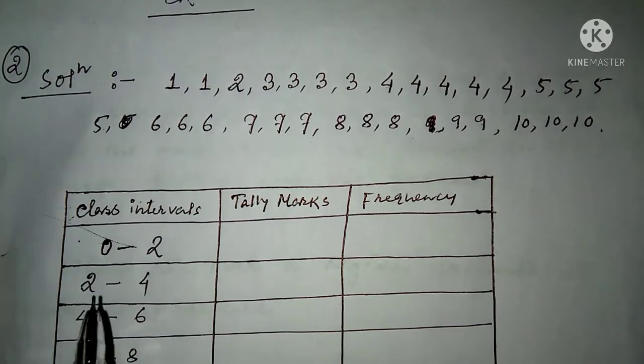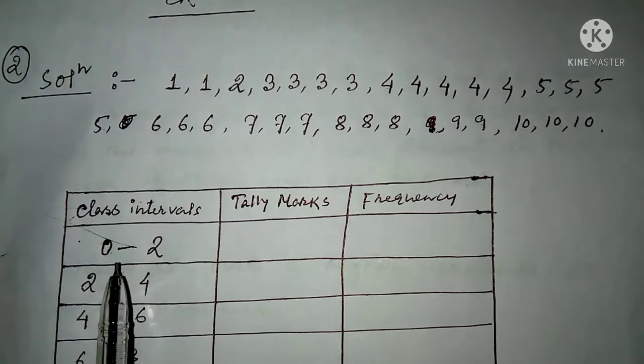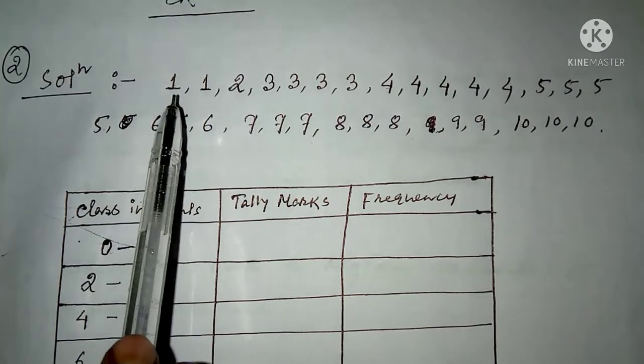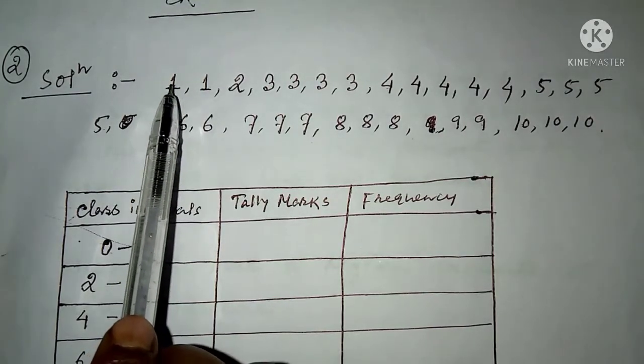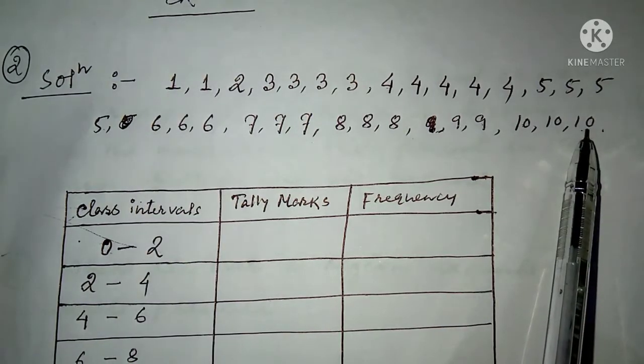First of all, the class interval is 0 to 2. Why have I chosen the class interval from 0 to 2? First you need to check the smallest entry here, which is 1, and the greatest entry here, which is 10.